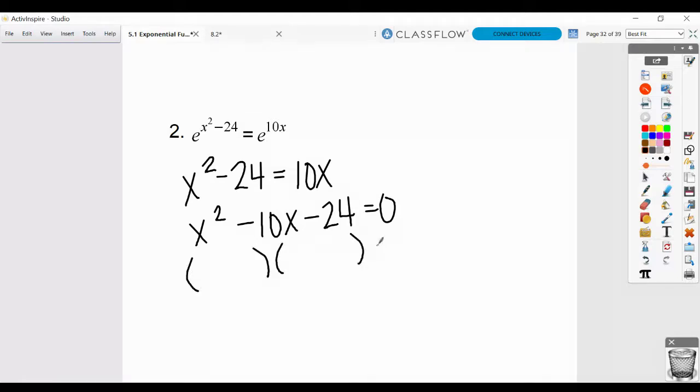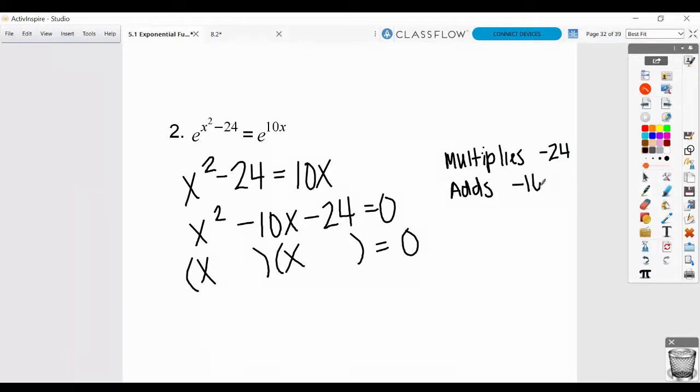So you have the 2 parentheses, x and x go here, and then you say, what multiplies to -24 but adds to negative 10?